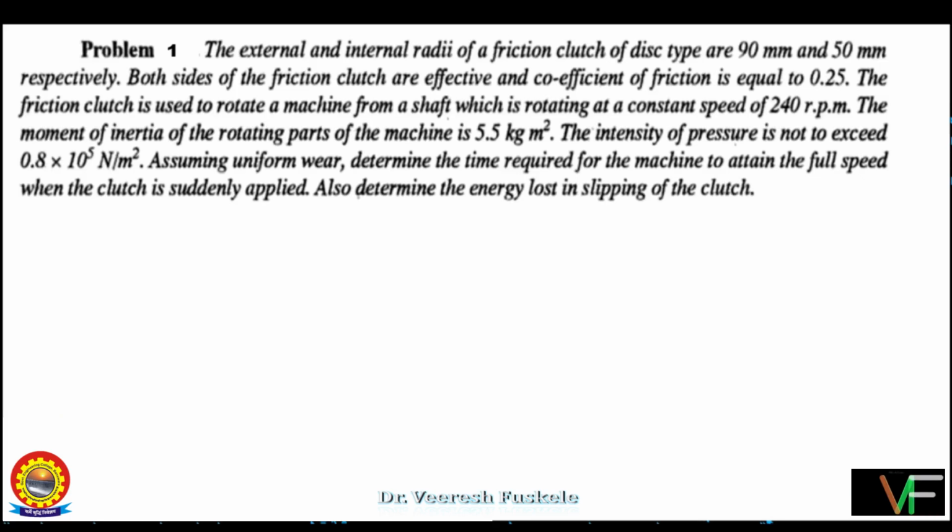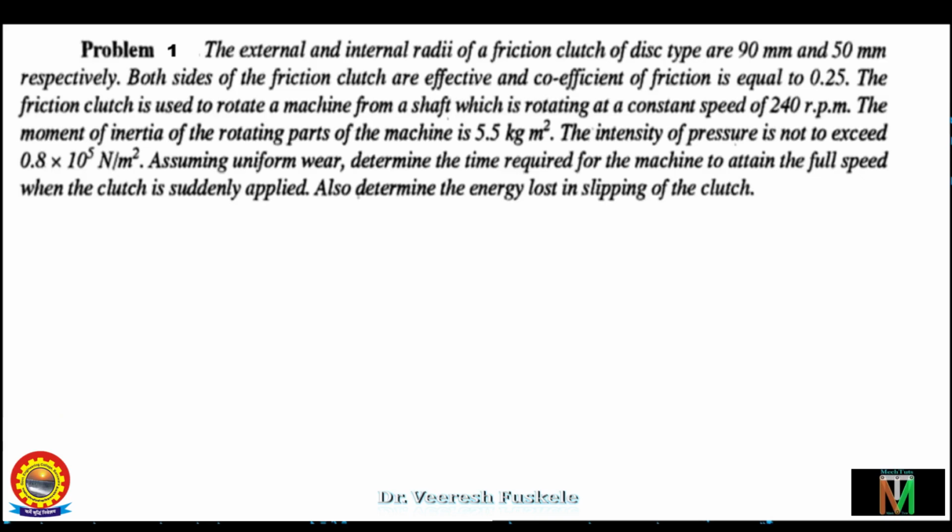The moment of inertia of the rotating parts of the machine is 5.5 kg per meter square. The intensity of pressure is not to exceed 0.8 into 10 raised to power 5 Newton per meter square. Assuming uniform wear, determine the time required for the machine to attain the full speed when the clutch is suddenly applied. Also determine the energy lost in slipping of the clutch.